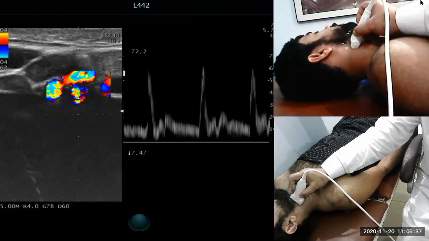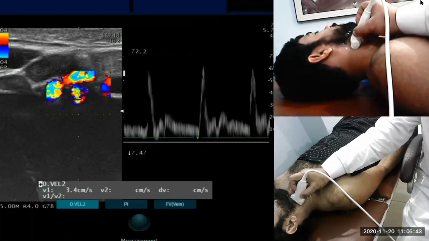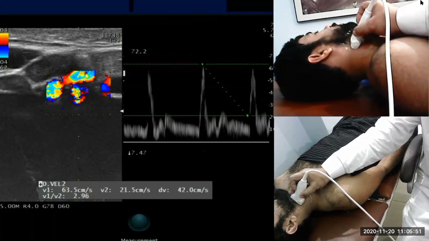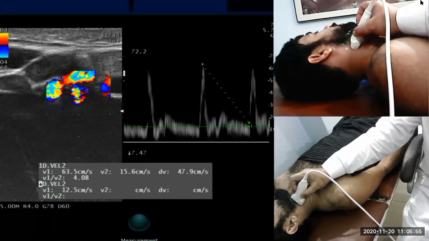And we can easily see now that peak systolic is taller while the end diastolic is much shorter.